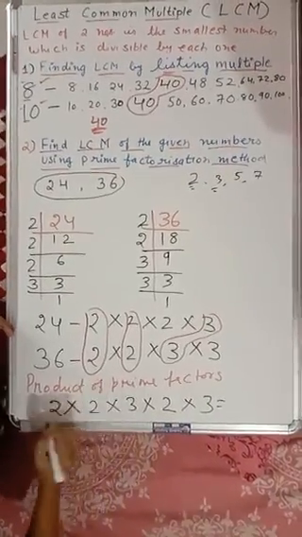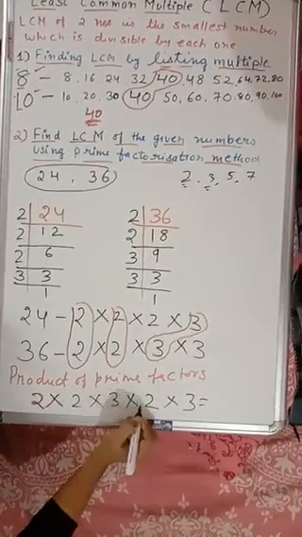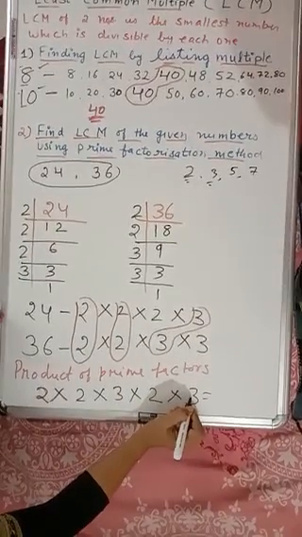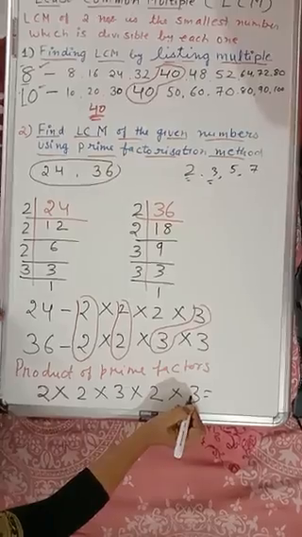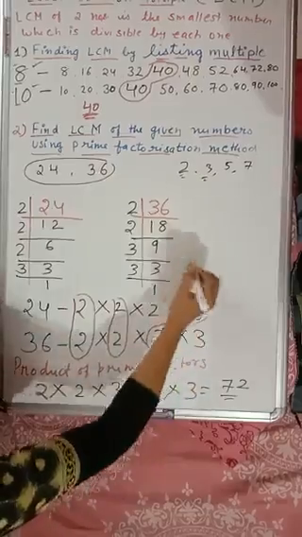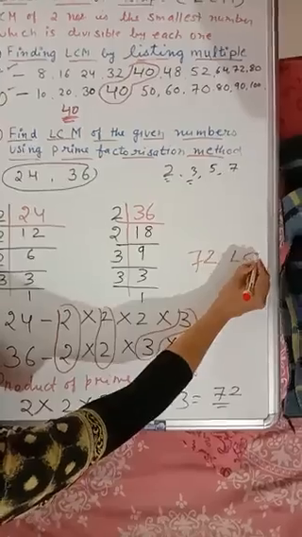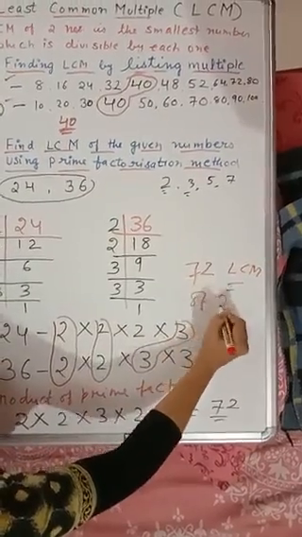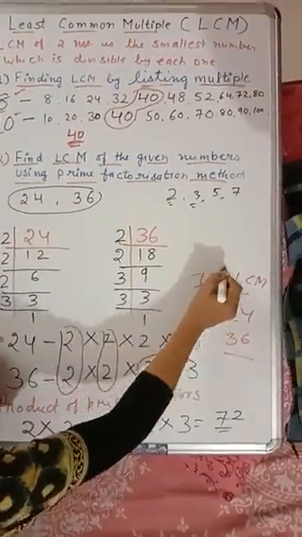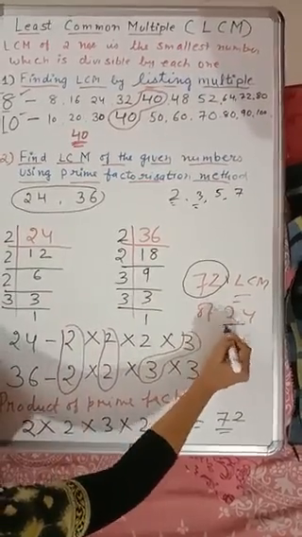Now we have to multiply them. 2 times 2 is 4, 4 times 2 is 12, 12 times 2 is 24, and 24 times 3 is 72. So we got 72. This 72 is the LCM of 24 and 36. It means 72 is the smallest common multiple which is divisible by both 24 and 36.